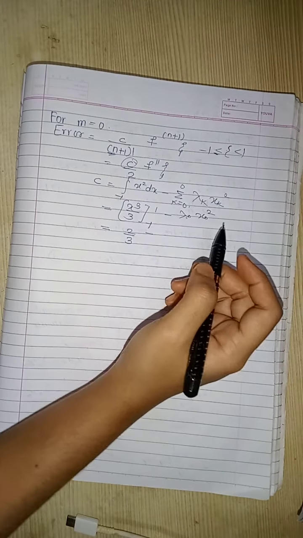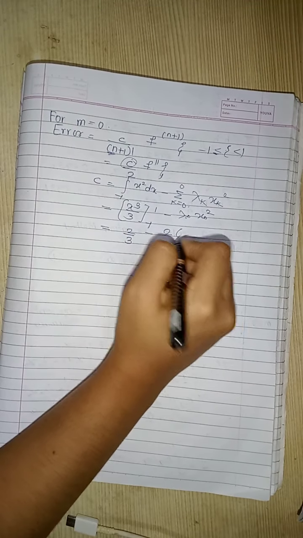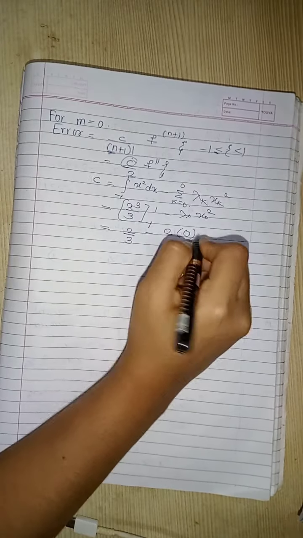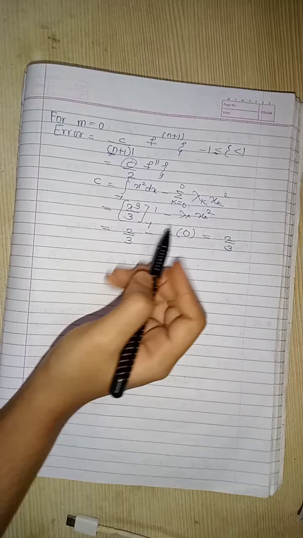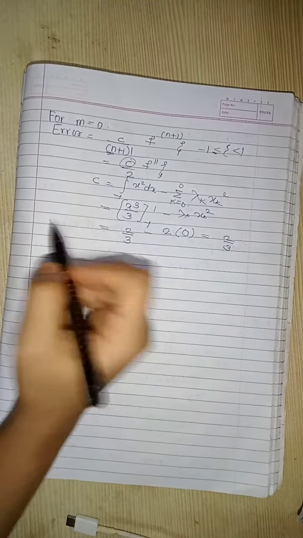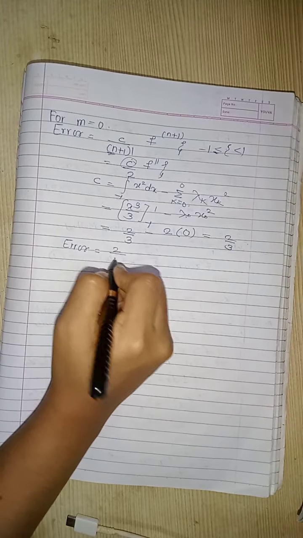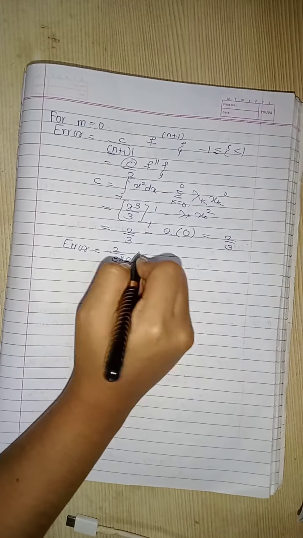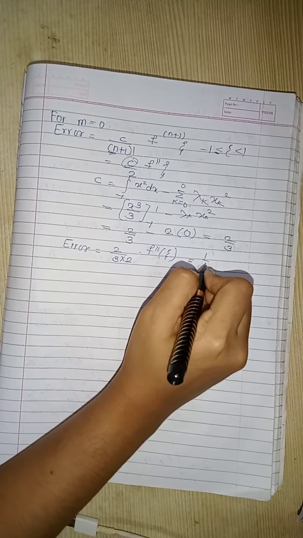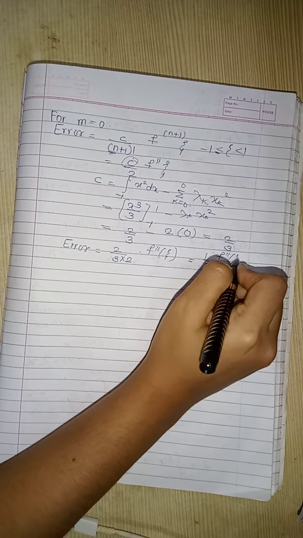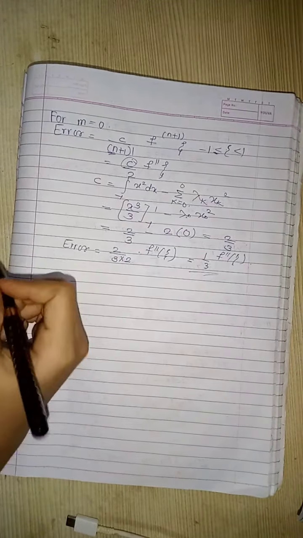In the case of n equals 0, we have found it as 2, so 2 into x naught, which is 0, so the value of this is 2 upon 3. After substituting the value of c in this error formula, the error is 2 upon 3 into 1 upon 2 into f double dash of eta, which is 1 upon 3 f double dash of eta. Okay, so this is the error for n equals 0.